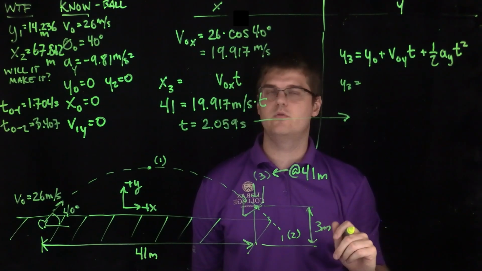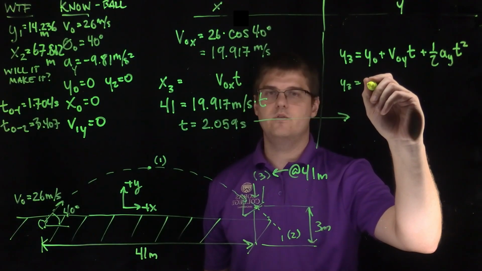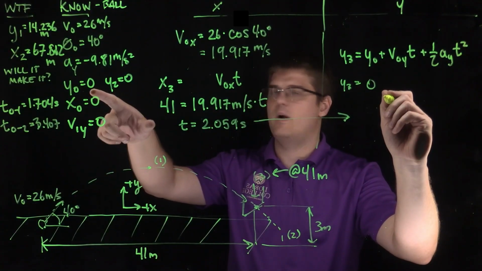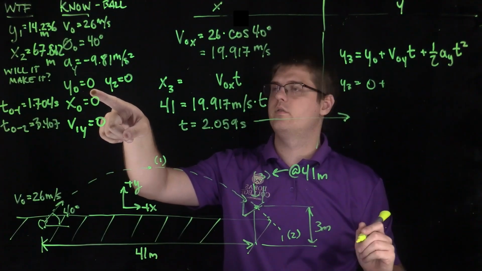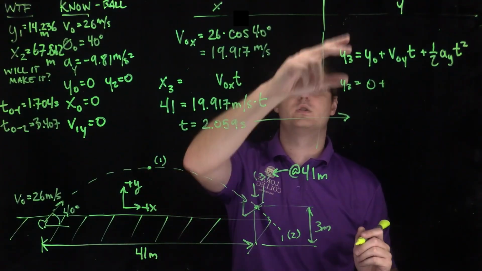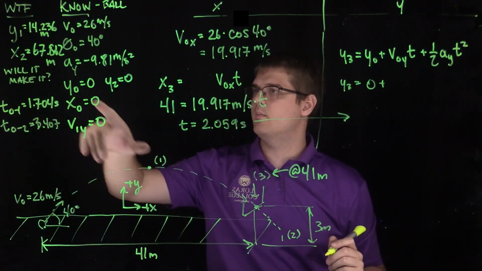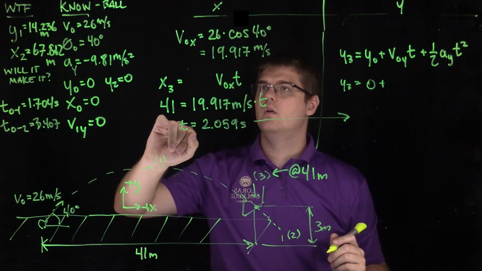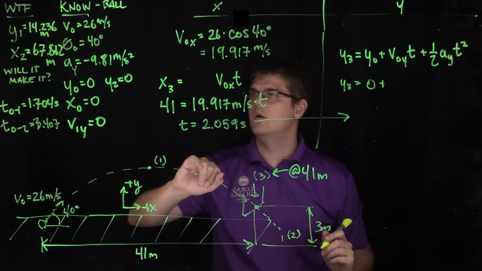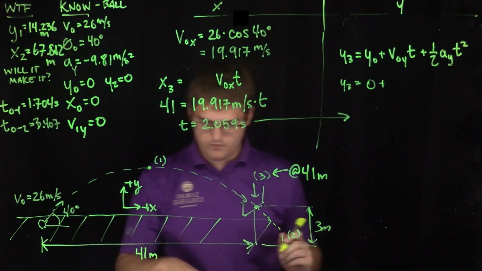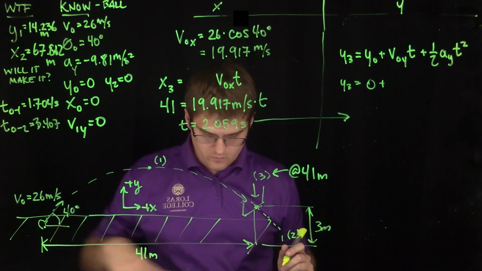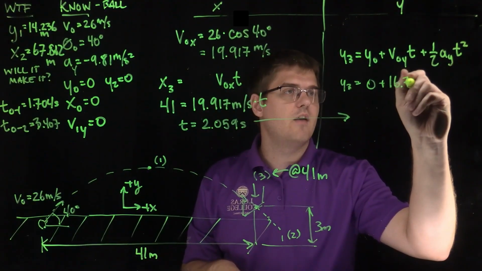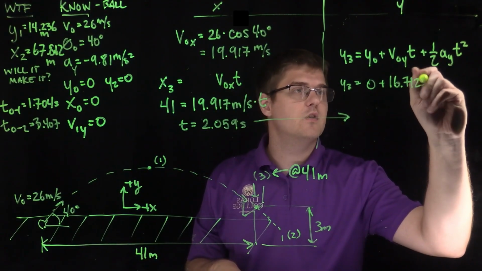Is it higher than the goalpost? I can say y0, it's being kicked off the ground, y0 is right there is 0. Plus v naught in the y, which was what I solved for way back when up there, and ruh-roh, I didn't move it over here. V naught in the y was 16.712 meters per second.